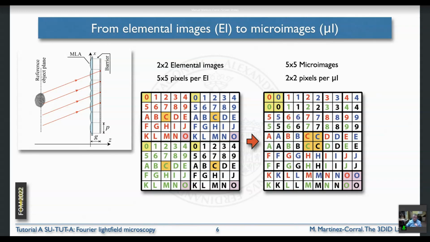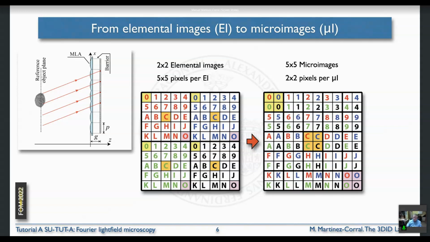I take, for example, all the pixels that are in the center, and with them I compose a new image, this one. So this is a micro image. It has orthographic perspective, and then from 2 images with 5 pixels, I can compose 5 micro images with 2 pixels. Here we have conical perspective. Here we have orthographic perspective.